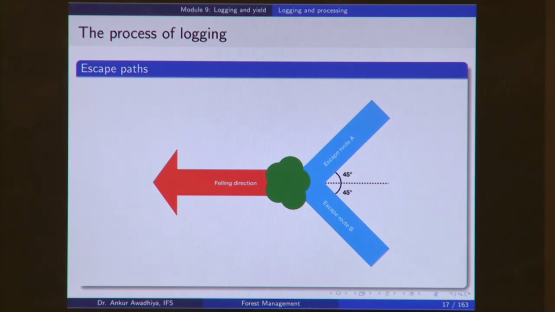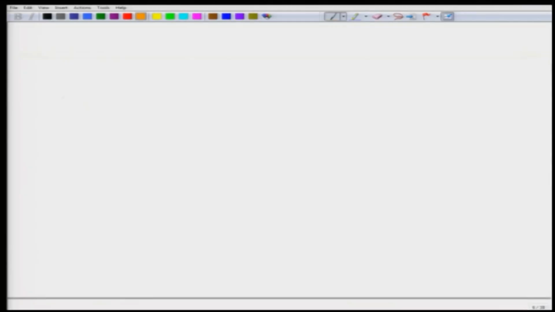And similarly, whenever any tree is being felled, the escape paths need to be decided from the beginning. So, suppose you have a tree. Here you have a sloping ground and there is a tree standing here, and you are trying to fell this tree.